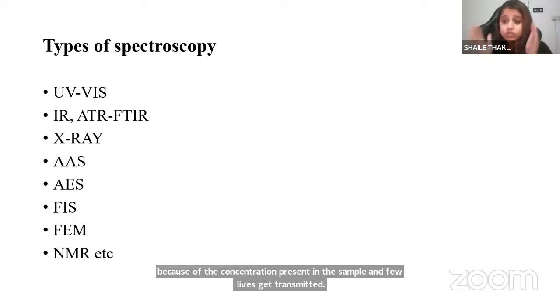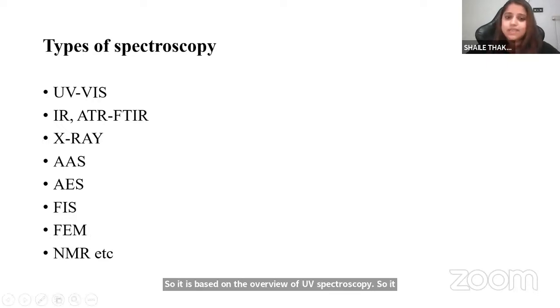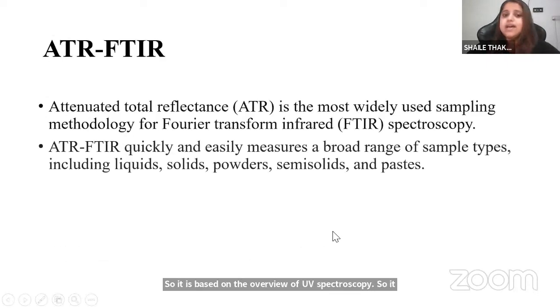So UV spectroscopy is based upon Beer-Lambert's law. I'm not going into detail, but I'm just giving the overview of UV spectroscopy. It is based on Beer-Lambert's law, and basically it gives you qualitative and quantitative analysis, right?